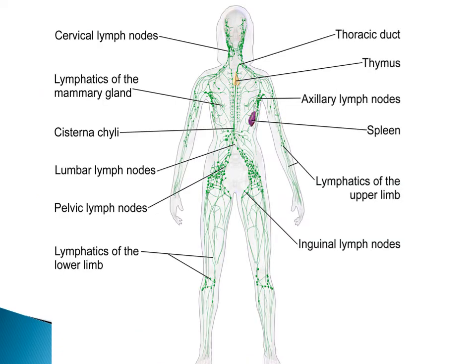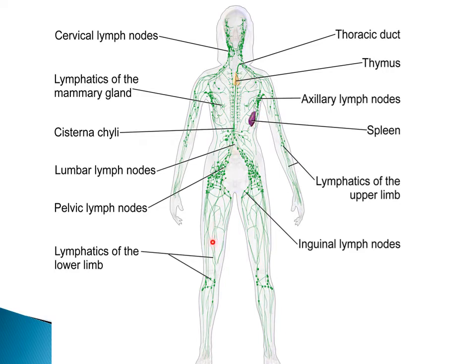So here we can see the various lymph nodes in the body. Can you see here? Whatever is marked in green are the lymphatic vessels. These lines are the lymphatics or the lymph vessels which are carrying lymph from the lower part of the body. And these green aggregates here are the inguinal lymph nodes, and further up you have the pelvic lymph nodes. On either side of the lumbar vertebrae we have the lumbar lymph nodes.